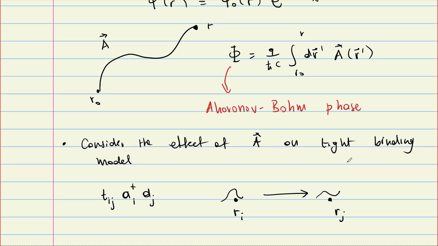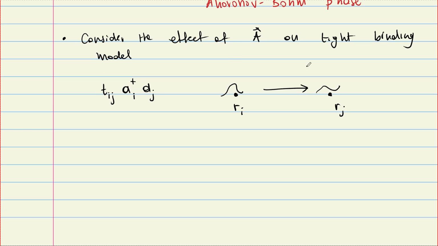But here we have seen if the particle goes from a place to another place, it needs to pick up this additional Aharonov-Bohm phase. So this is without the magnetic field.